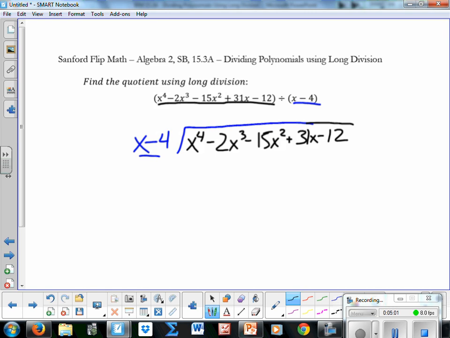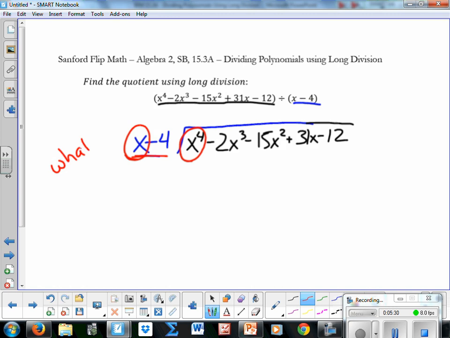Okay, so again, I'm thinking, what times what gives me this certain variable or this certain number. But instead of doing this whole x minus 4, all I'm going to do is take the front and figure out what times x gives me x to the 4th.